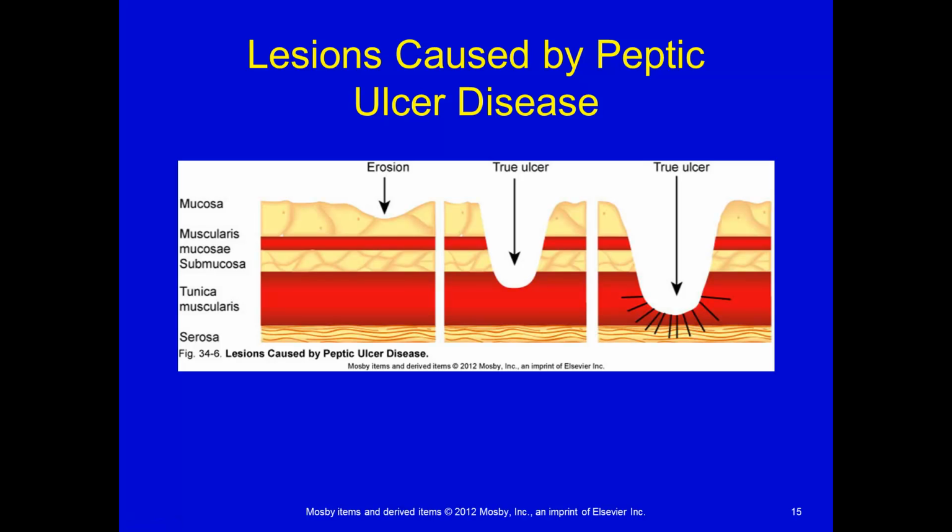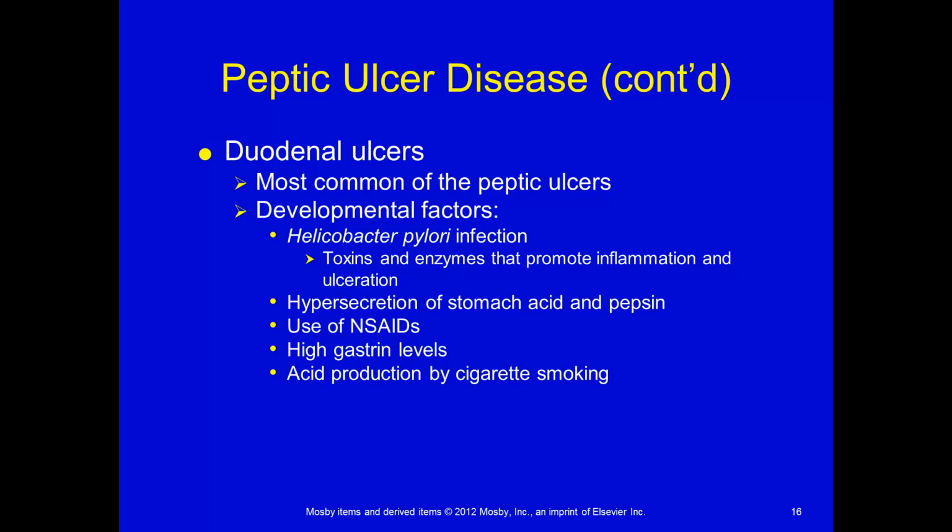All right, so the first type of peptic ulcer that we're going to talk about is peptic ulcers that are found in the duodenum. These are actually the most common of the peptic ulcers. There are a lot of different factors for the development of duodenal ulcers. Some of the major reasons would be an infection of the Helicobacter pylori bacteria that promotes inflammation and ulceration of that mucosal layer.